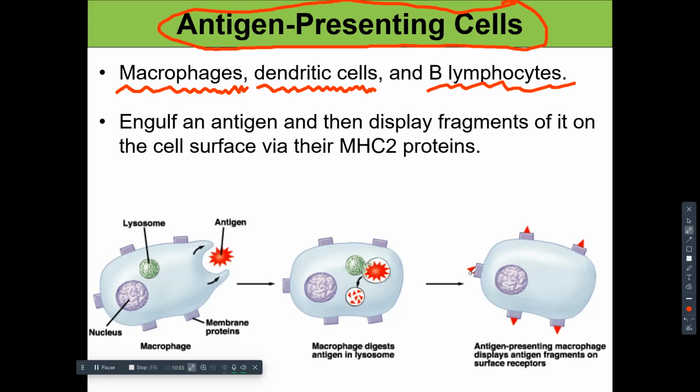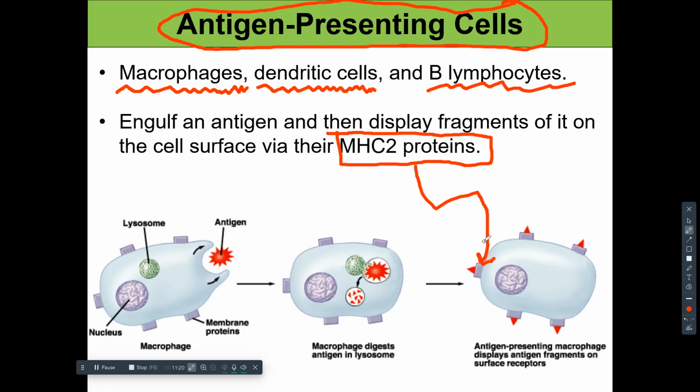So look at those little red triangles. Those are pieces of the foreign antigen. And they're being displayed by these proteins. Only antigen-presenting cells are going to have these proteins. They're called MHC2 proteins. And these purple blocks here are the MHC2 proteins. And only antigen-presenting cells have them.